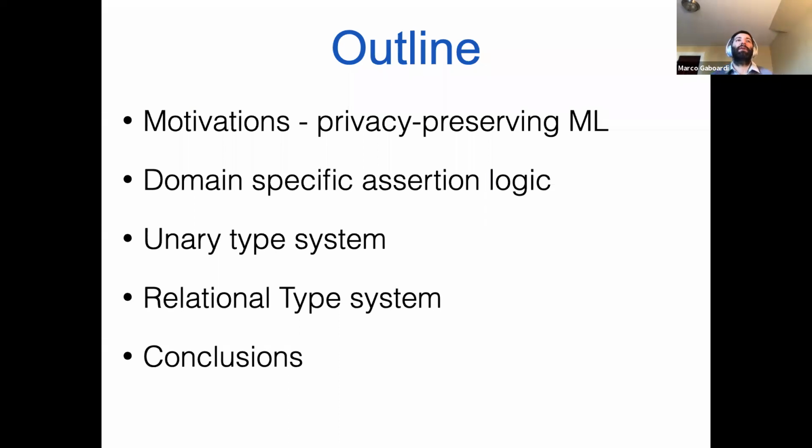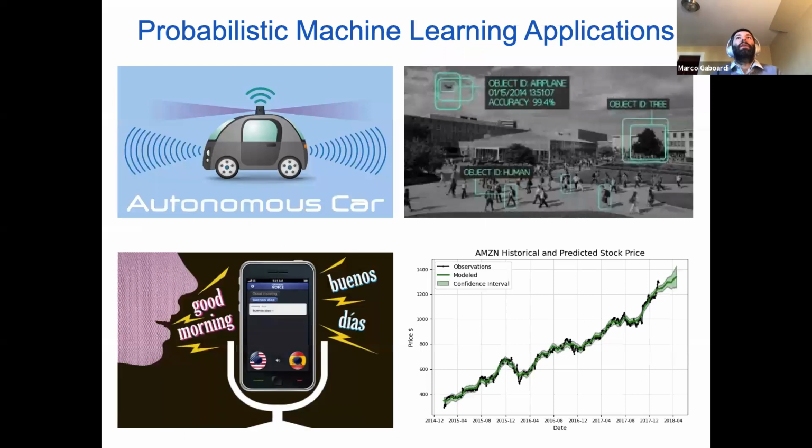And then I will show you mainly a framework that we designed, which is built on a domain-specific assertion logic, but it consists of two type systems, a unary one and a relational one, and so I will go a bit in detail into that. And then I will try to conclude.